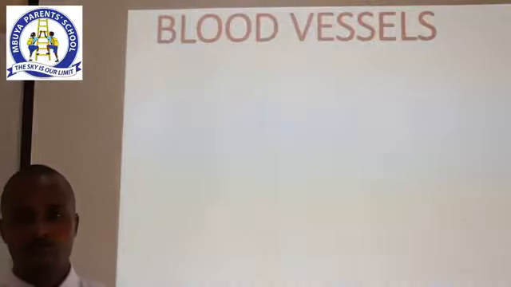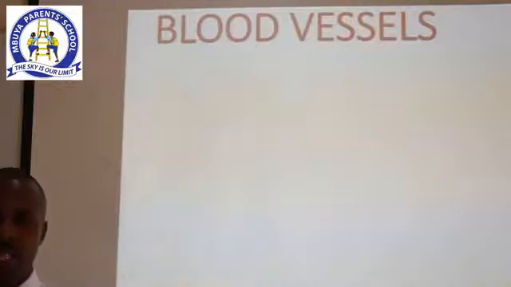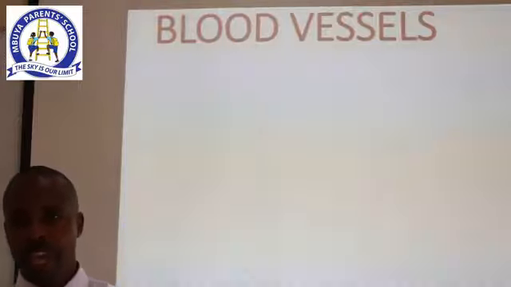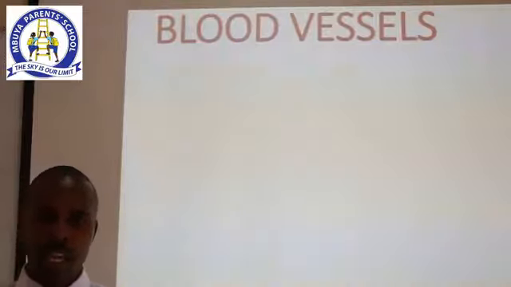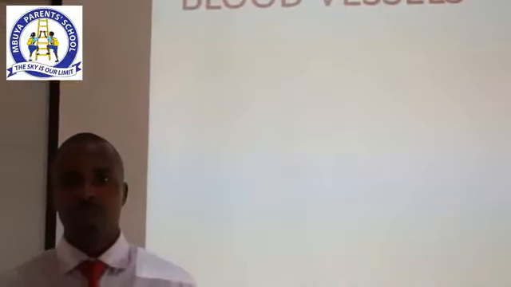Now it is time to discuss the blood vessels. By the end of this lesson, I expect all of you to be able to mention the three types of blood vessels, state the difference between arteries and veins, and their adaptation to what they do.